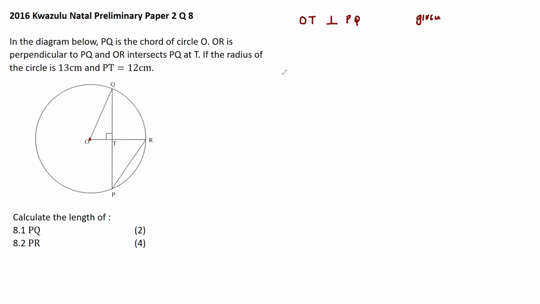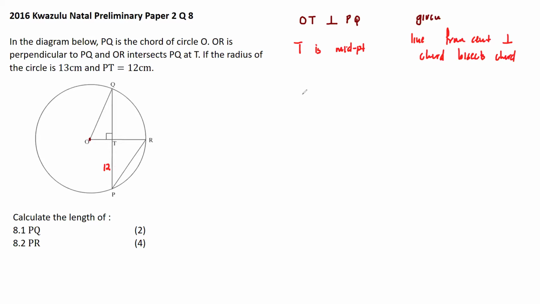According to the theorem, if a line is drawn from the center of the circle and is perpendicular to the chord, then that line bisects the chord. So T is midpoint. The reason: line from center perpendicular to chord bisects chord, all right? Then PT is 12, they told me.